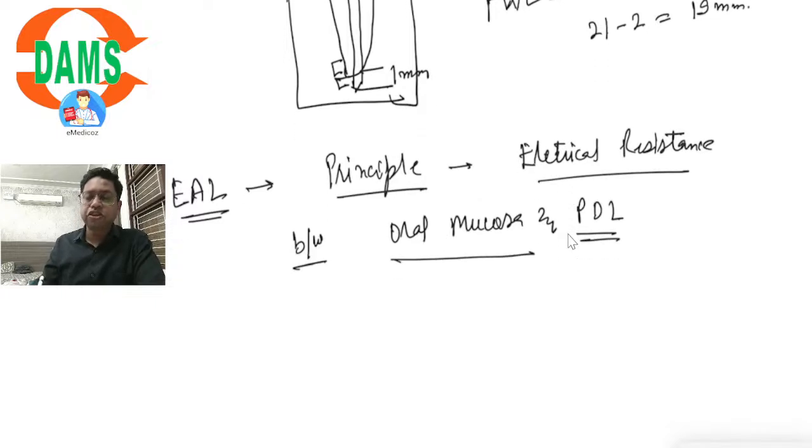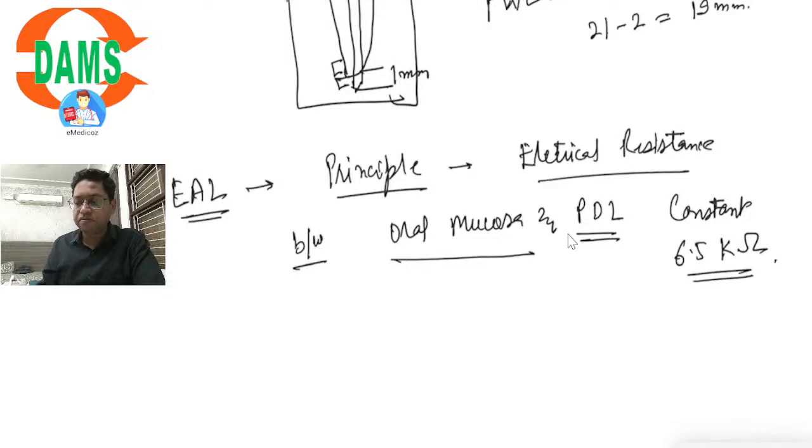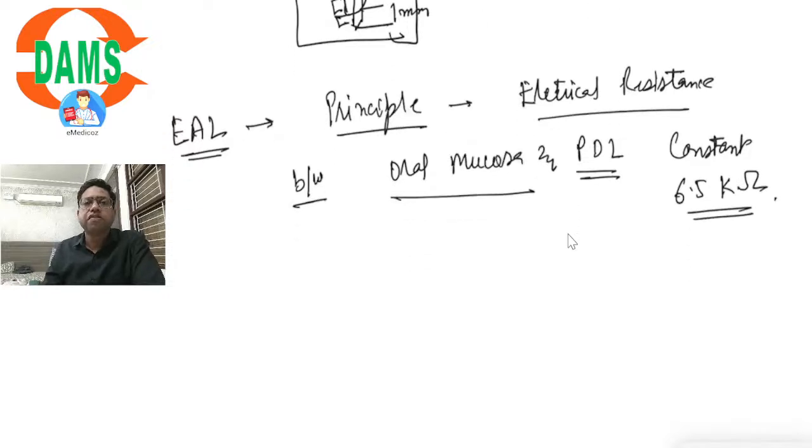Between these two tissues, the electrical resistance is always constant, and that constant value is 6.5 kilo ohms. This is the working principle of an electronic apex locator.